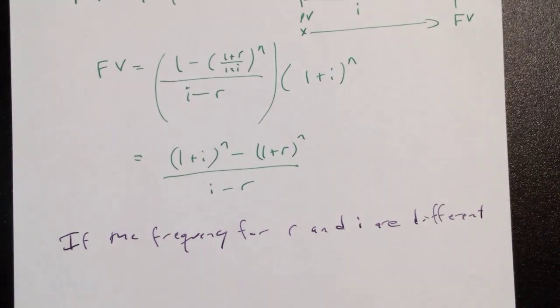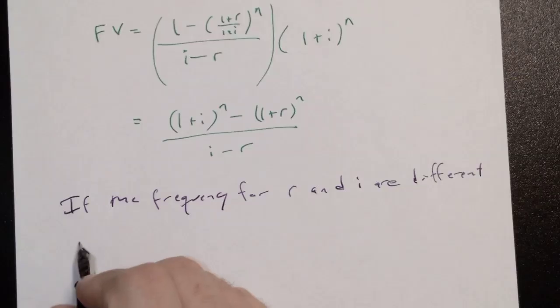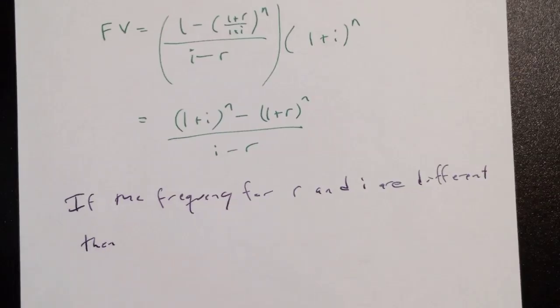So R is going to be adjusted, say, once a year, and I is going to be computed every month. I'm going to have to make one of these match the other.